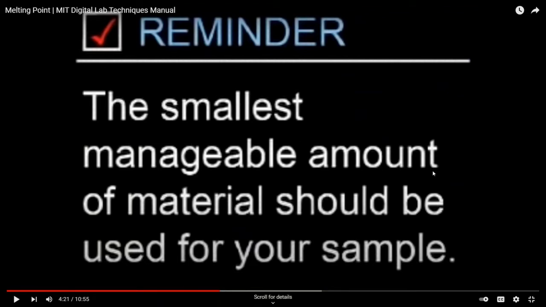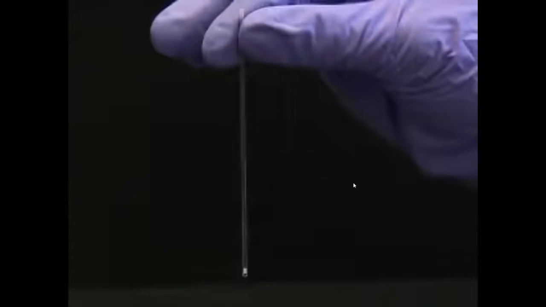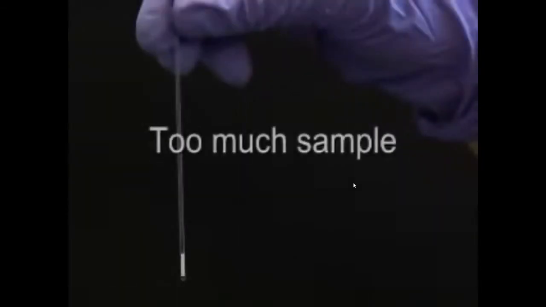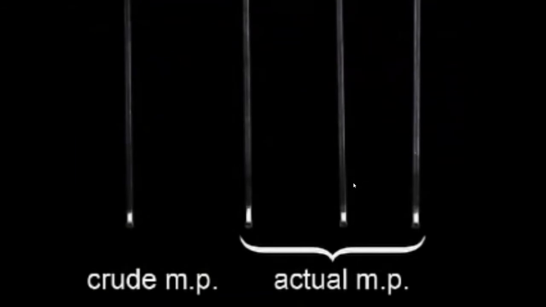Smallest possible amount. It makes sense, right? Why 3 millimeters? They don't tell you. That's memorization. It's not science. If the depth exceeds 2 millimeters, inaccuracies may result due to uneven heating.